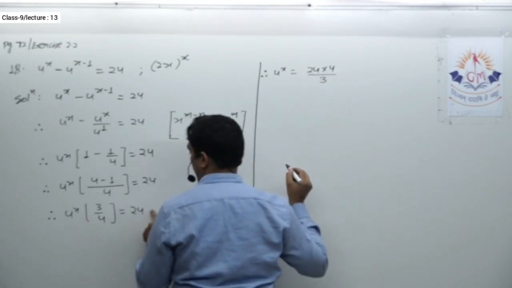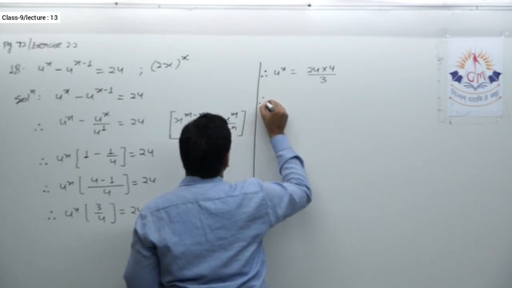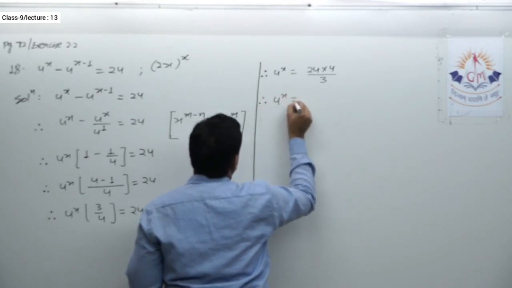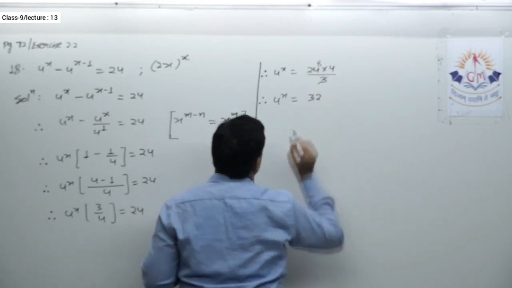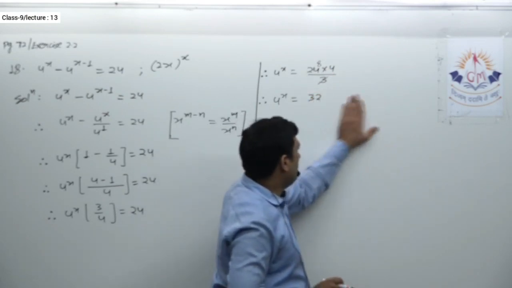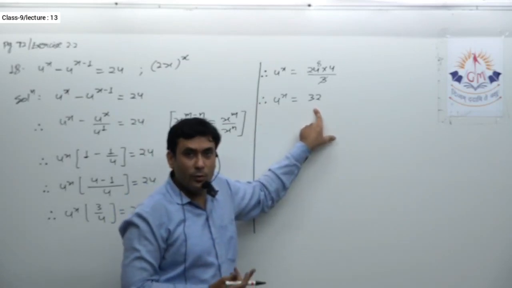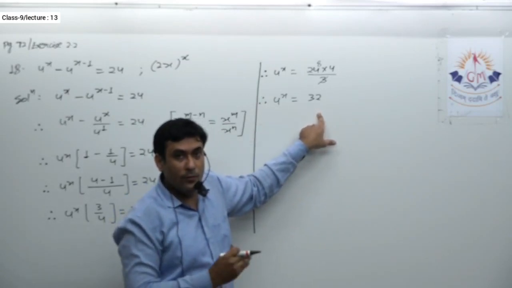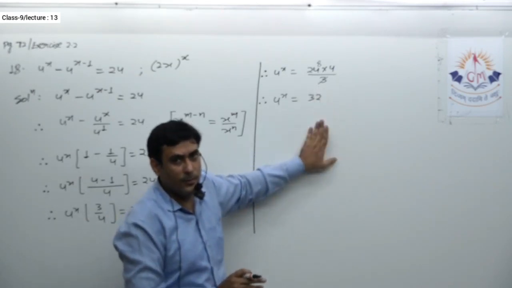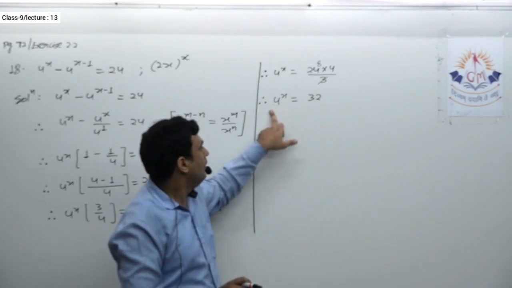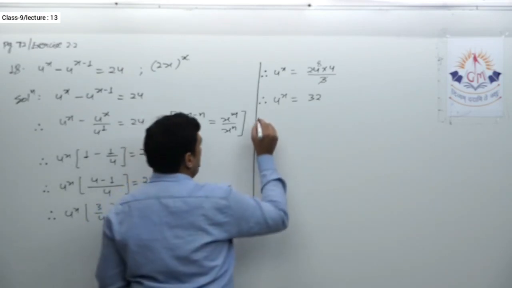This 4 will come in the numerator, 3 will come in the denominator when we change the side. 4 raised to x, so here I'll get 32. Now see, on the left hand side the base is 4. 32 cannot be represented in terms of 4 raised to something directly. 4 raised to any natural number, it is not possible to write 32. So better to convert both sides to base 2.